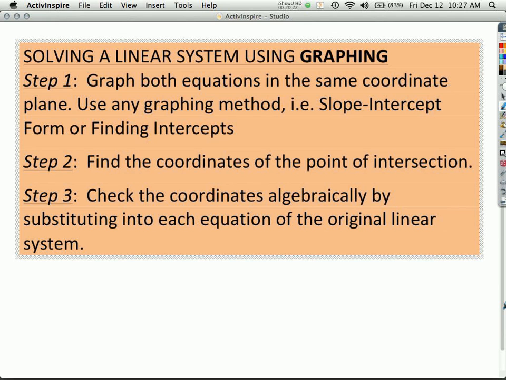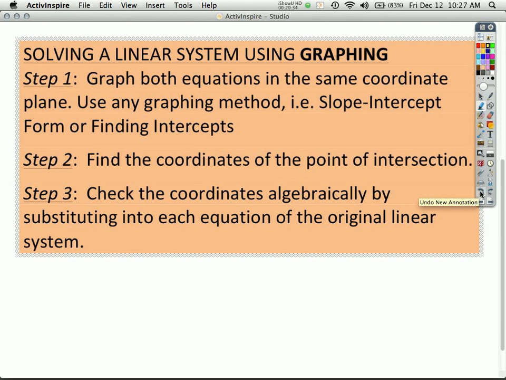But we're going to actually take care of step 3 first. We're going to learn how to do this, how to check. We're going to make sure we understand how to check, and then we're going to go ahead and learn how to do the whole process. Okay? So again, if you're missing any of this, skip a couple of lines and you'll fill it in later on.